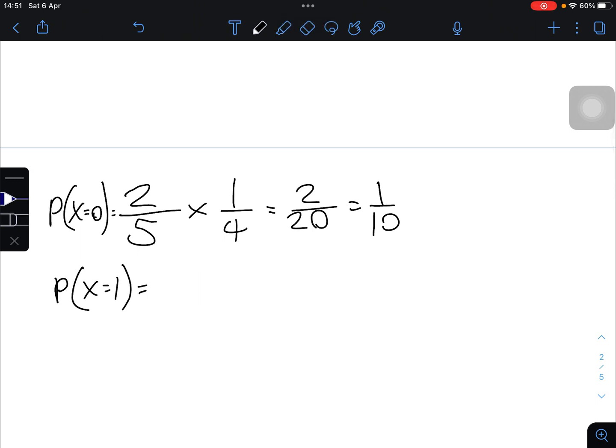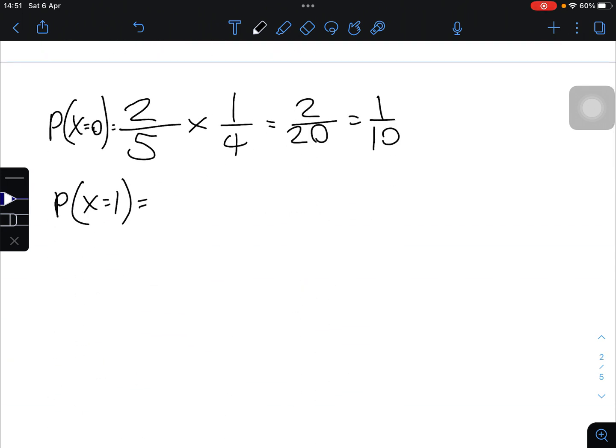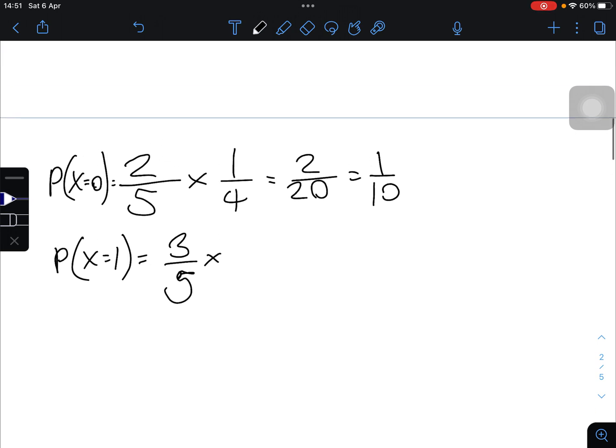Well, to get one green ball taken out, either the first ball or the second ball has to be green. So for the first ball to be green, that's 3 over 5. And then we need a yellow ball, so there's 4 balls left, 2 yellow, so therefore 2 out of 4. Plus the probability of a yellow ball and then a green ball, so that's 2 out of 5 for our first yellow ball. And then what's left over? 4 balls are left over.